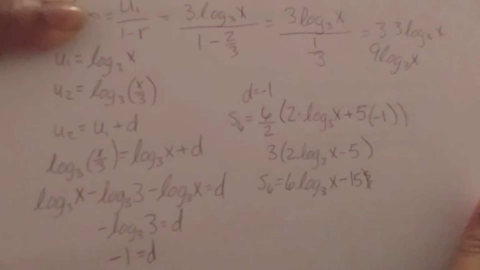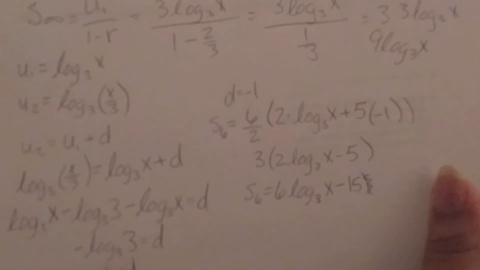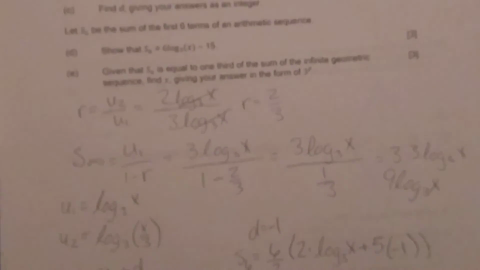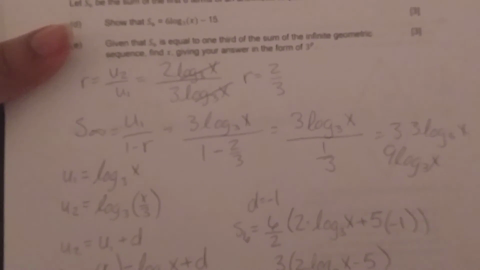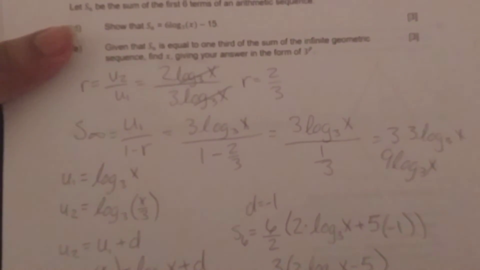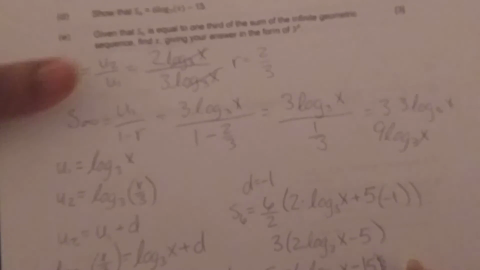Okay, and it says given that S sub 6 is equal to 1/3 the sum of the infinite geometric sequence, find x in the form of 3 to the power of p.